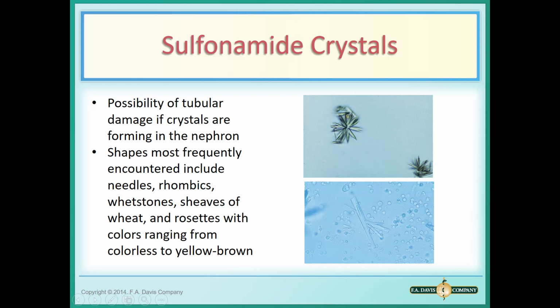Sometimes they take on what they call sheaves of wheat, so maybe you don't get the full rosette formation, but it looks like wheat that's been stacked and then clasped in the middle. This is another form of sulfonamide crystals. Usually you can compare the size to a cell. That's not something born in nature.